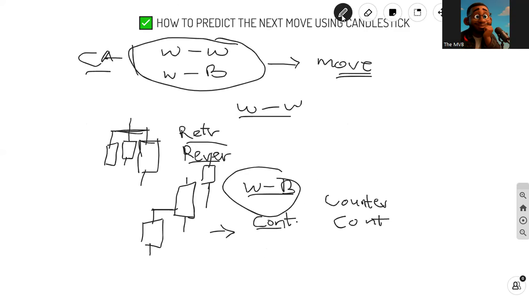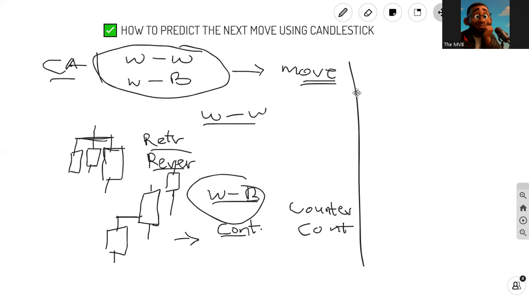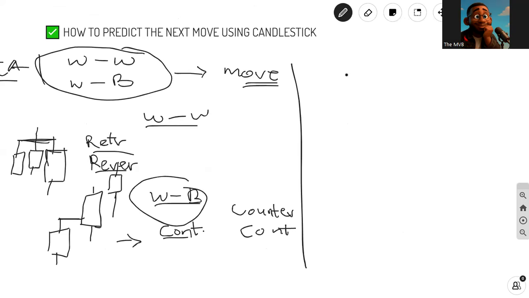And in order for this to work perfectly, I use the higher time frame. The higher time frame, guys. When I talk about the higher time frame, it is better to start from daily, use weekly and monthly sometimes.